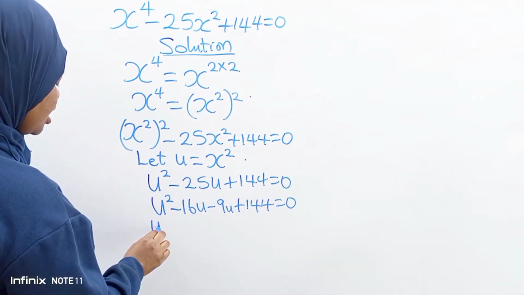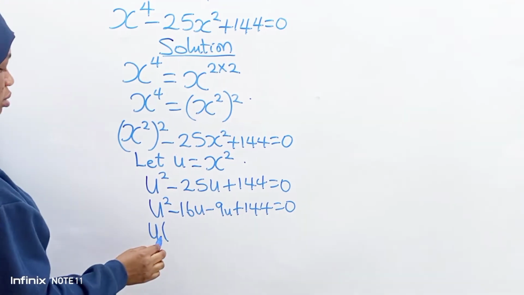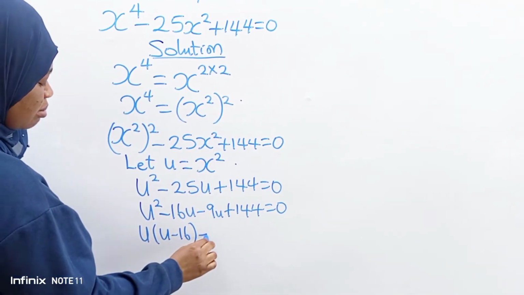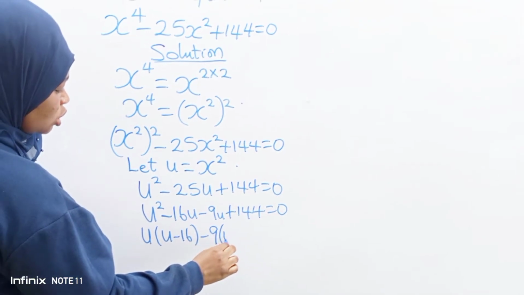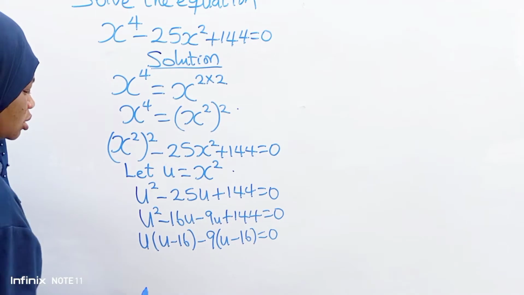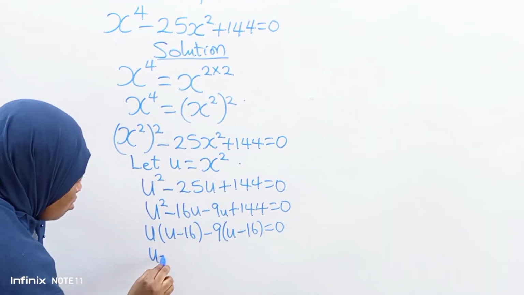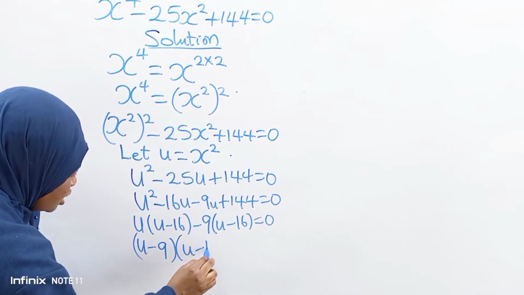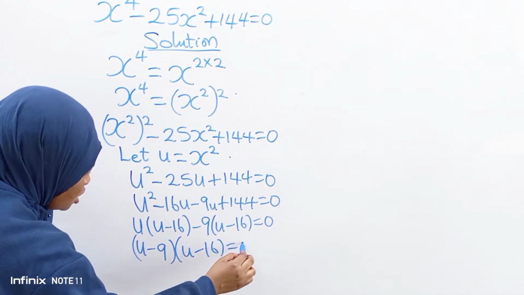So from here, I have to factorize. So I have u times (u minus 16), then minus 9 times (u minus 16) is equal to 0. So from here, I have (u minus 9) into brackets (u minus 16) is equal to 0.